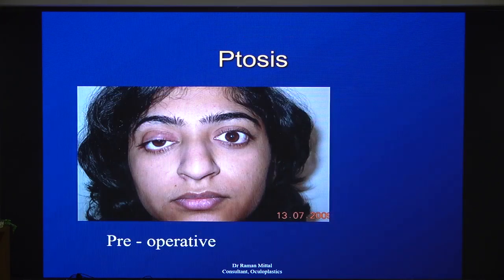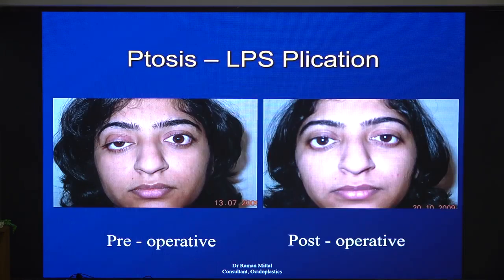In this condition, again, it's an aponeurotic ptosis, acquired variant. This is an important picture because, if you see, there is an inferior scleral show, which you need to document in the ptotic eye. Once she was corrected, the eye was very well corrected, but the patient appeared to have a higher correction because the vertical fissure height had increased. This was because of the inferior scleral show, which persisted even after the surgery.